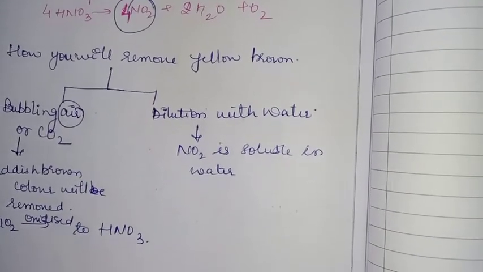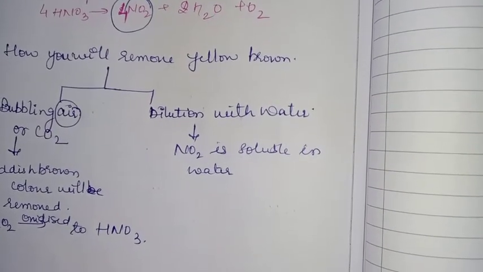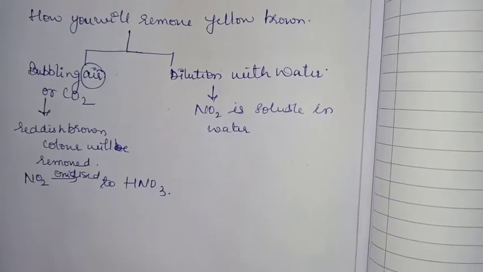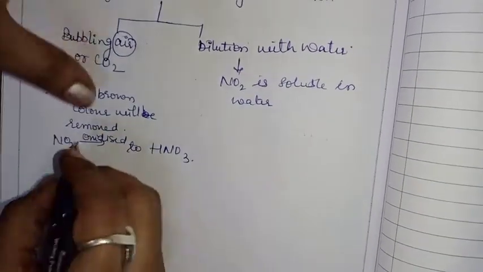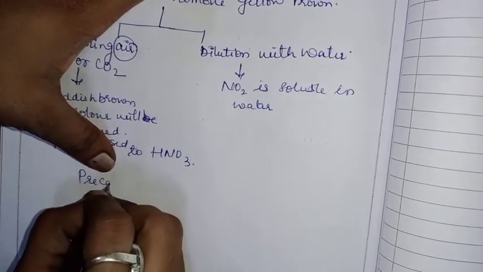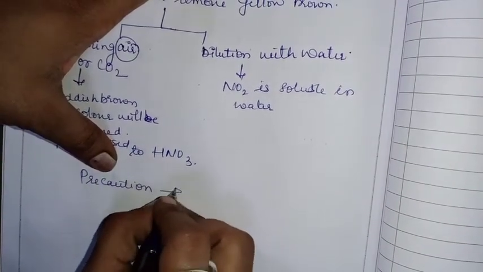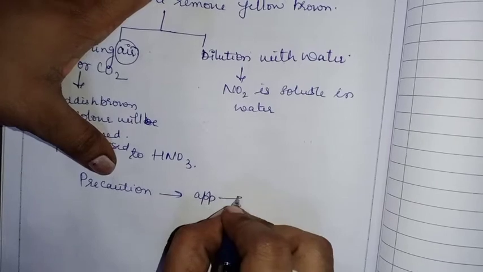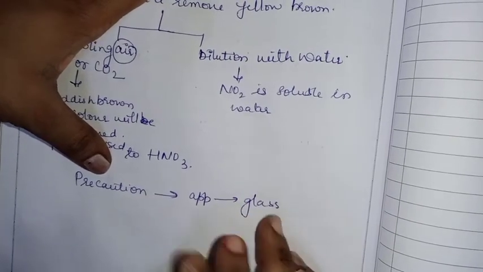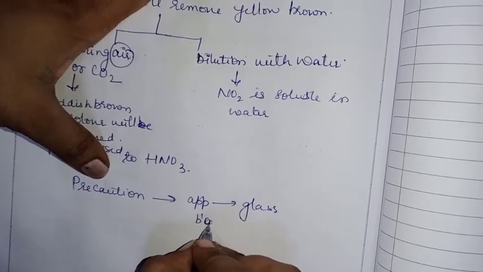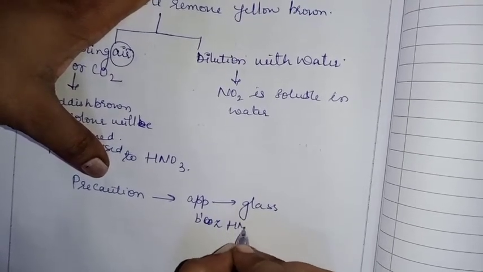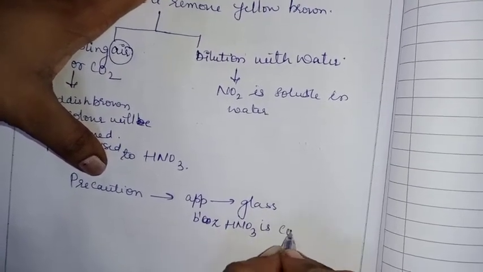Now in this laboratory preparation, you have to see other precautions also, children. The apparatus should be made of glass. Why glass? Because HNO3 is corrosive.